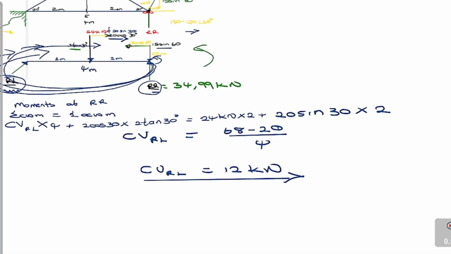For the horizontal component, you need to know that the sum of the horizontal components should be equal to 0. Therefore, you're going to take the horizontal component of the hinge. So you say horizontal component of RL is equal to, find the other forces that are acting in its direction. So you can see that you have this one here.